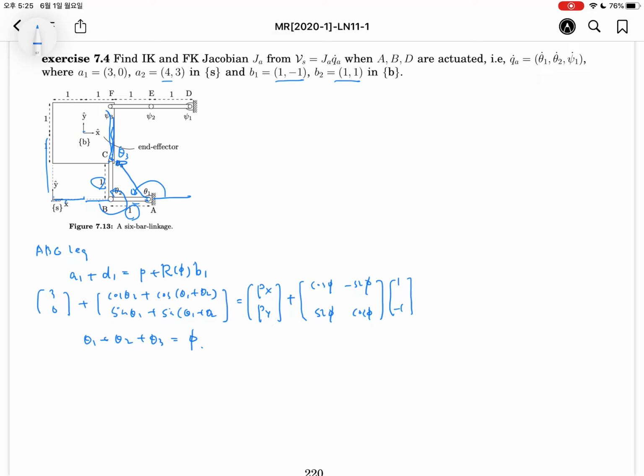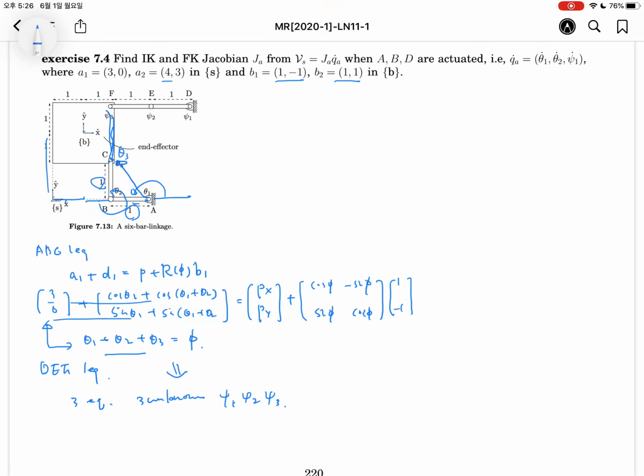Actually, it provides 3 equations using 3 unknowns, theta 1, theta 2 and theta 3. First, second, and third. It must be a nonlinear equation, but we can solve it using the properties of sine and cosine. On the other hand, for the DEF leg, a similar procedure can be applied. Then we have 3 equations and 3 unknowns, psi 1, psi 2, and psi 3.